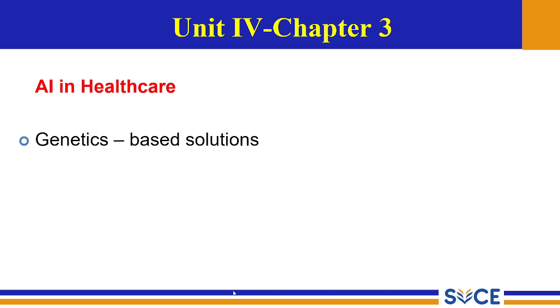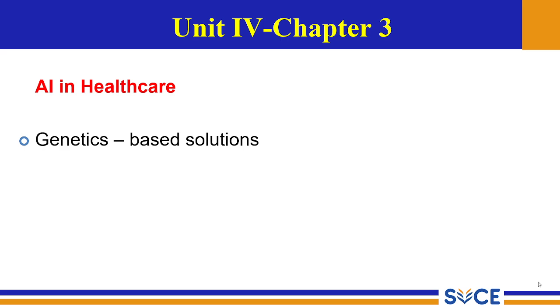In this unit, we will focus on genetic based solutions where AI helps decode our DNA to predict and prevent diseases. We will look at real world applications, cutting edge technologies like CRISPR and pharmacogenomics, and also discuss the ethical challenges, because with great power comes great responsibility.